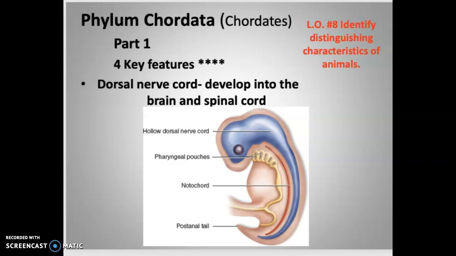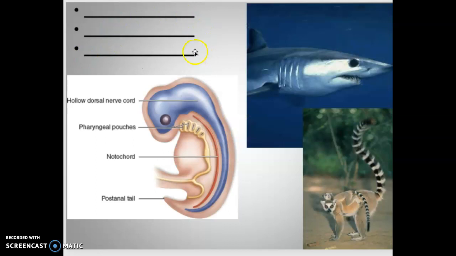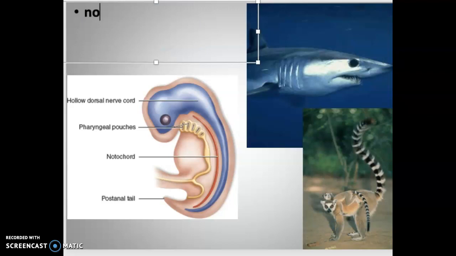The second key feature, remember there's four, make sure you get all four, is the structure known as a notochord. Right next to the nerve cord is this red line here. That is the notochord.